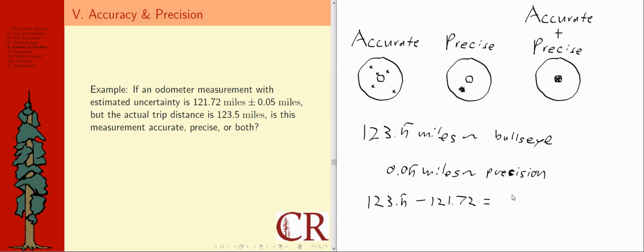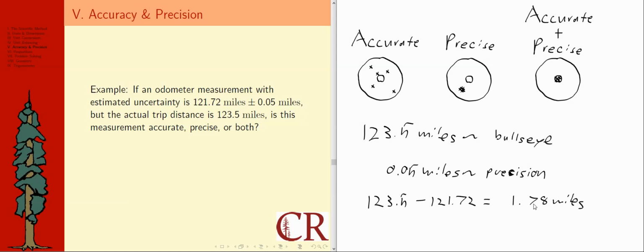Oh shoot, I want to grab my calculator. Oh, I wish I had an audience to help me out right now. 1.78. Did I get that right? I'll check that later.